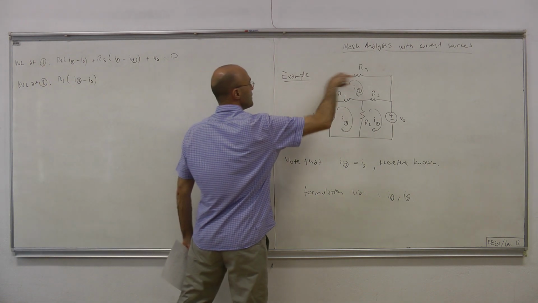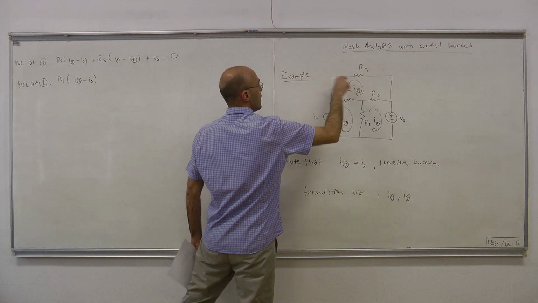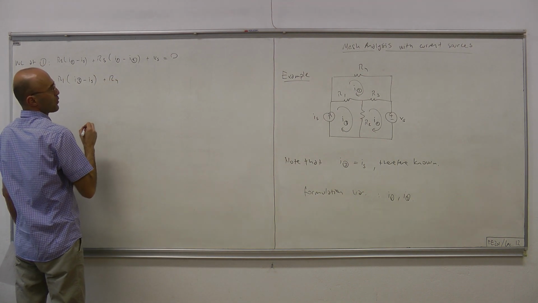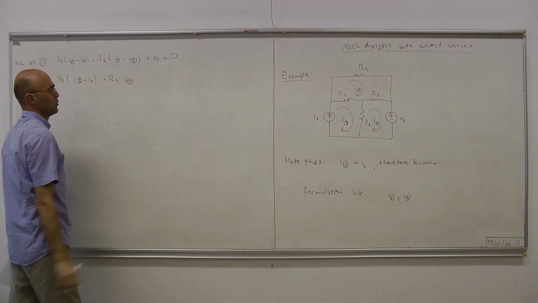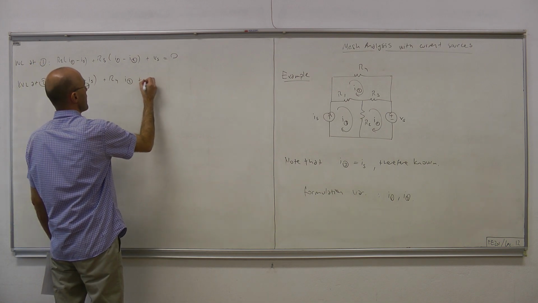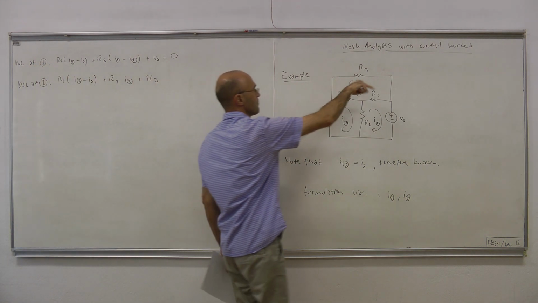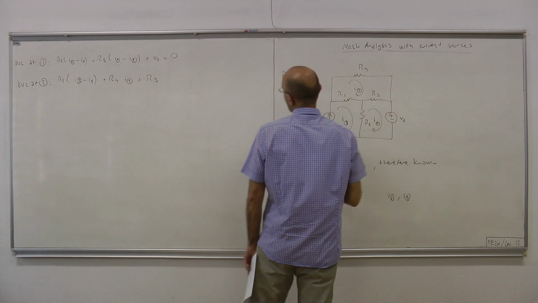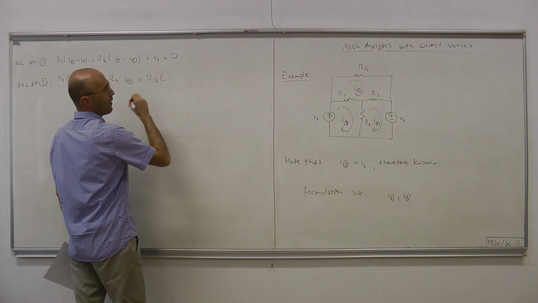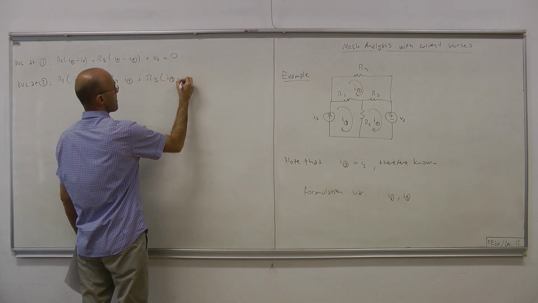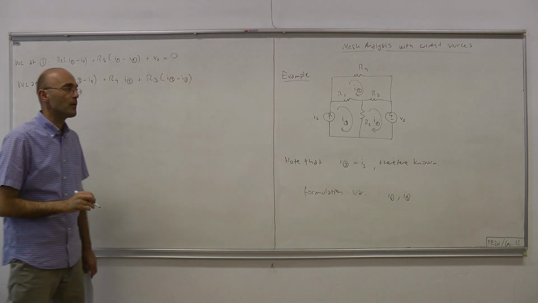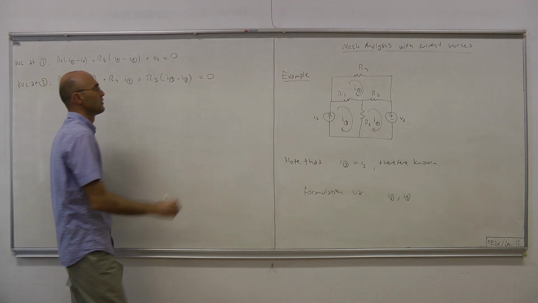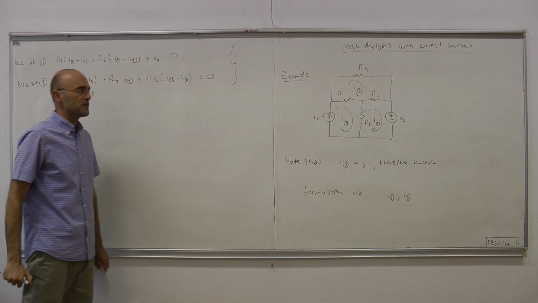Then we have this voltage, R4 times that current, R4 times I2 directly, and finally we have R3 times this current, and it's I2 minus I1. Okay, and those 3 voltages must equal 0. So that's the mesh equations for that simple example.